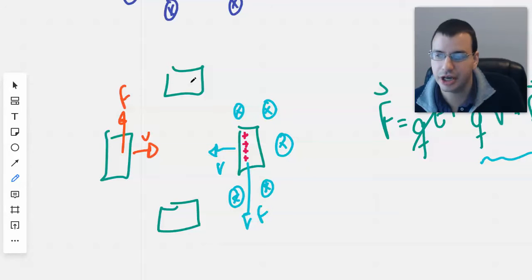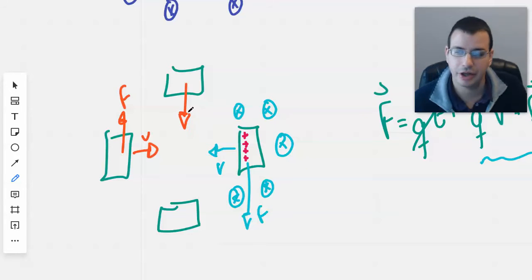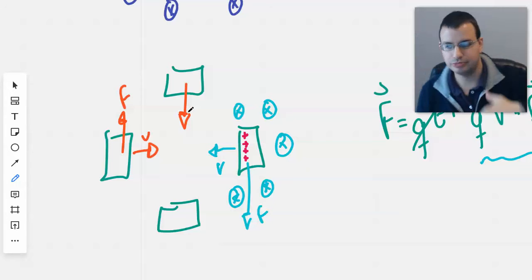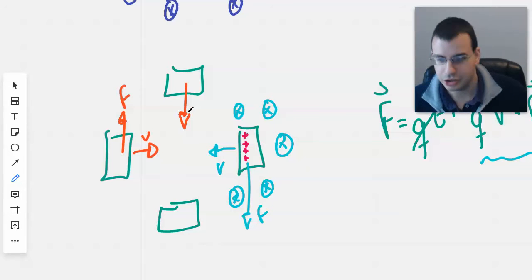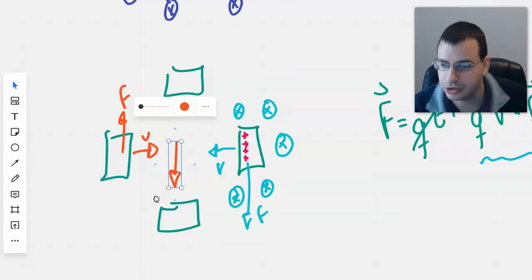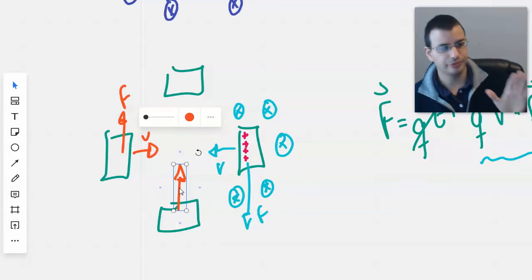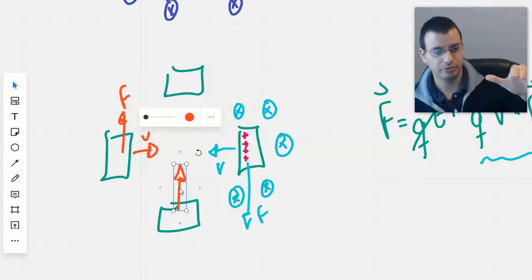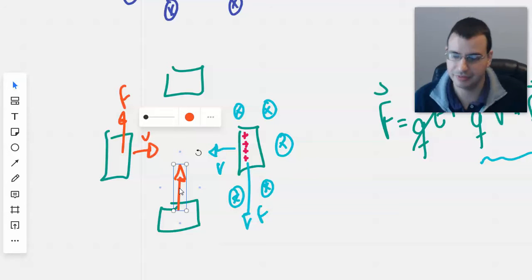And just to reassure you that I'm not pulling some crazy magic trick, just for logistical purposes, we are going to do the bottom one. V cross B. All right, yep, to the left.